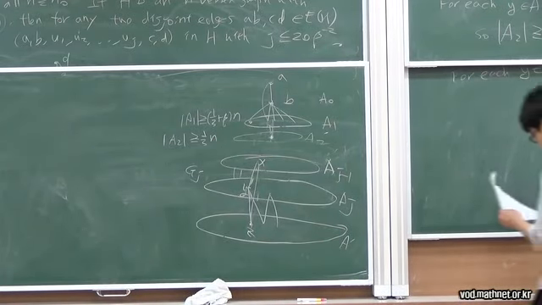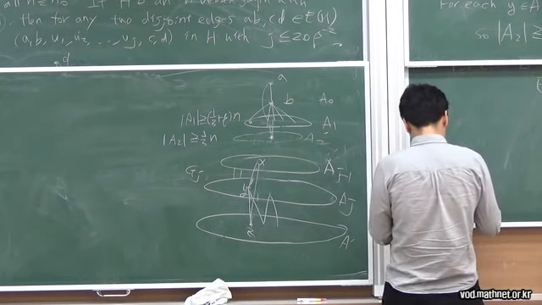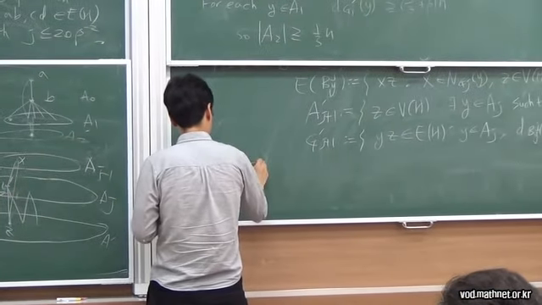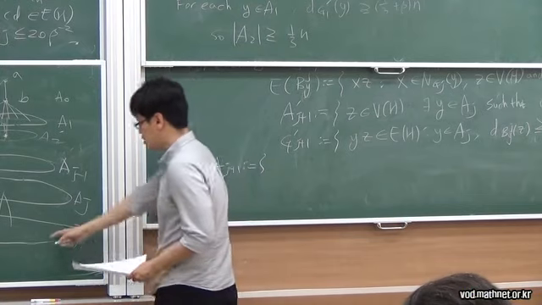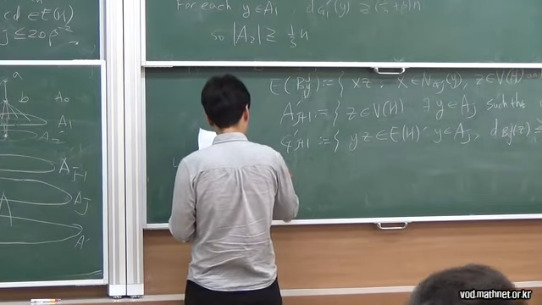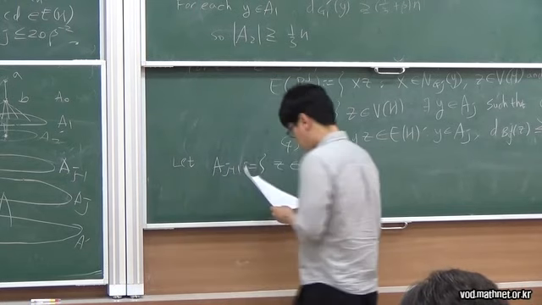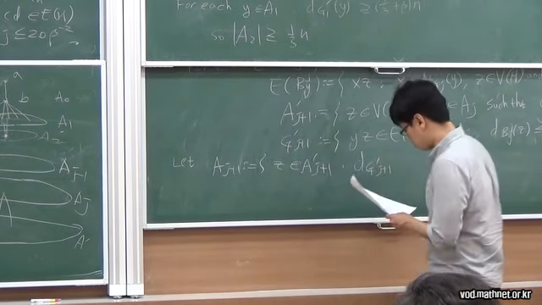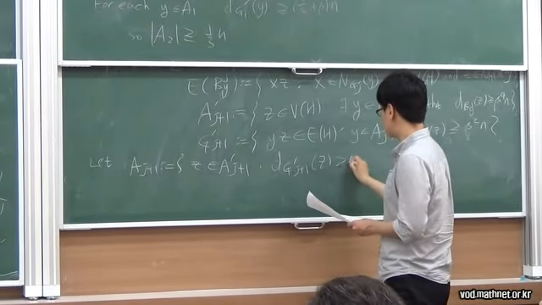So we delete some vertices in this A prime, which has too few choices of Y. Out of these vertices, if in this G prime J plus 1, the vertex G has too small choices, we delete.